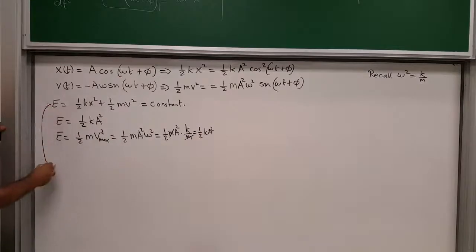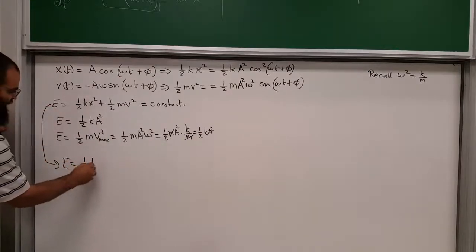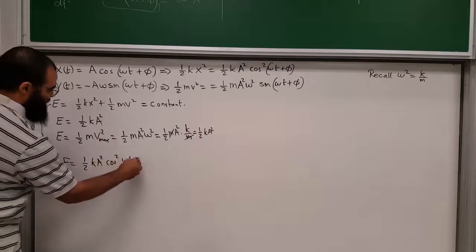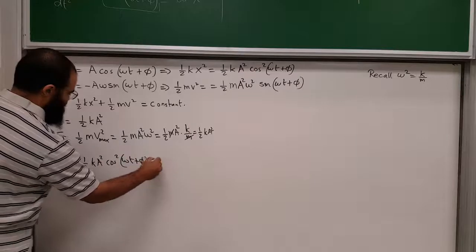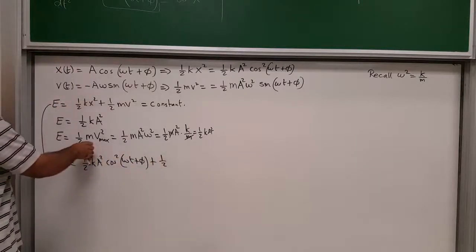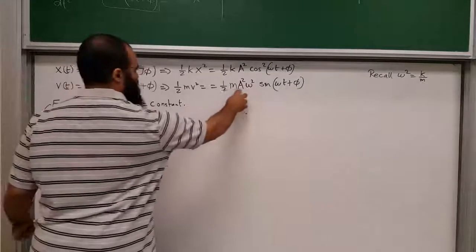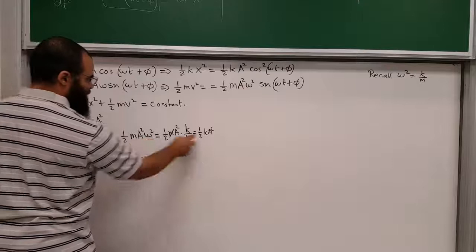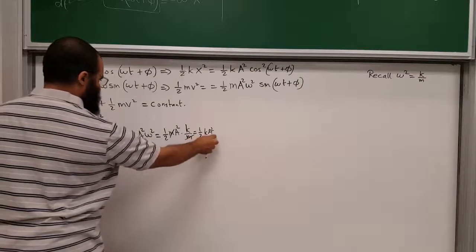You get 1/2 kA squared cosine squared of omega t plus phi plus 1/2 m A squared omega squared, but m A squared omega squared is kA squared.